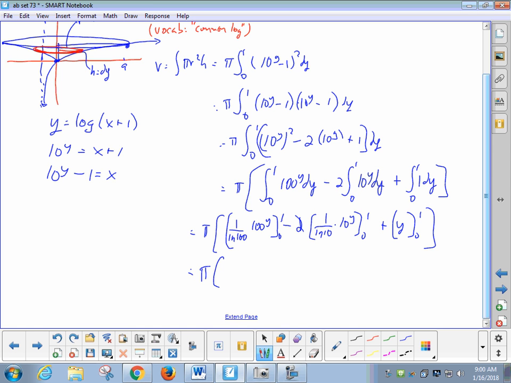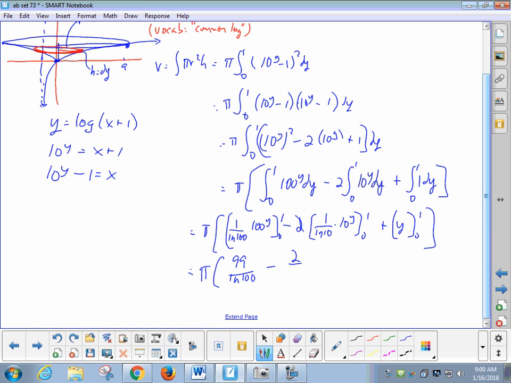What's 100 to the y from 0 to 1? It is 100 to the first minus 100 to the 0, which is 99 over natural log of 100.